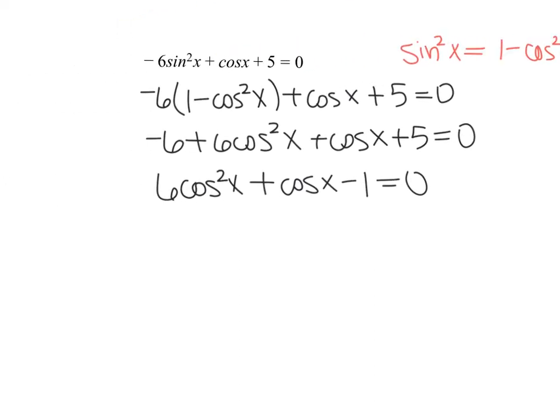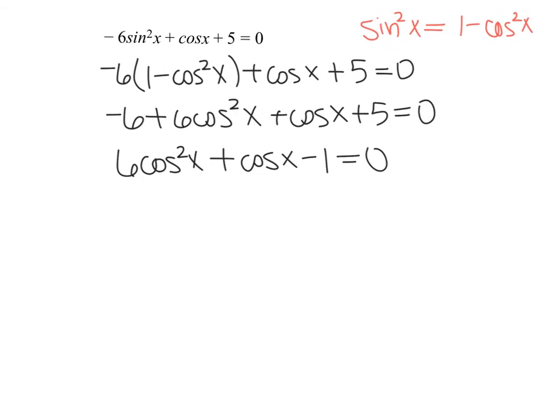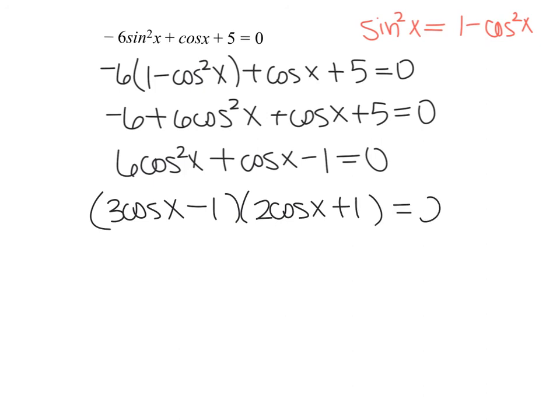So rewriting my equation, we have 3 cosine of x minus 1 times 2 cosine of x plus 1 equals 0. Taking each factor as a separate equation, 3 cosine of x minus 1 equals 0, and 2 cosine of x plus 1 equals 0.